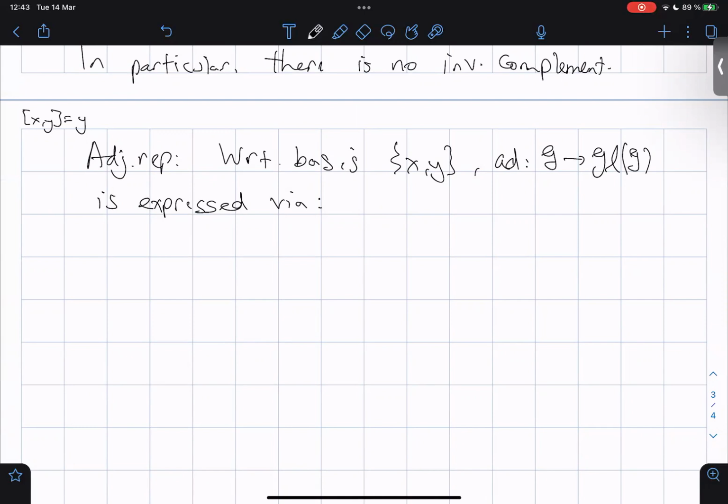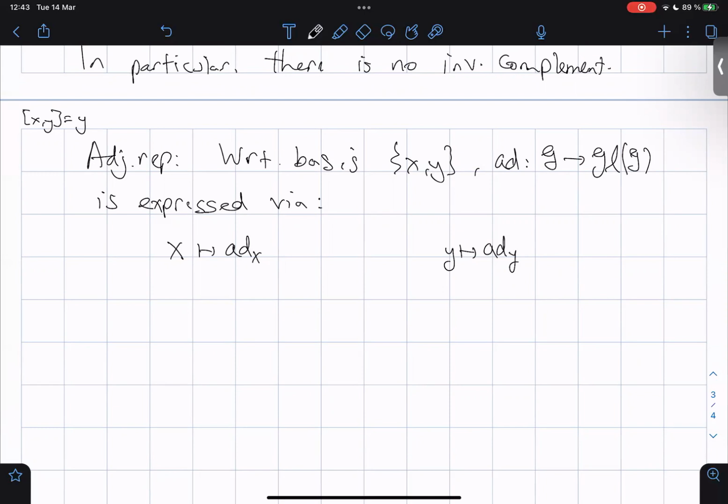Okay, so if we're going to write out the adjoint representation, we have to specify what x is getting mapped to and what y is getting mapped to. It's getting mapped to this ad x map, a linear map on g.